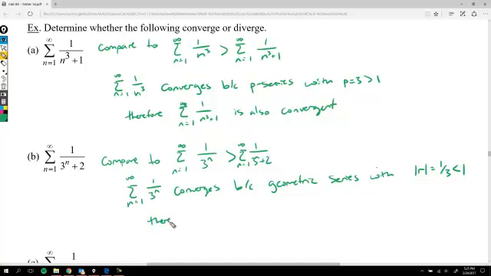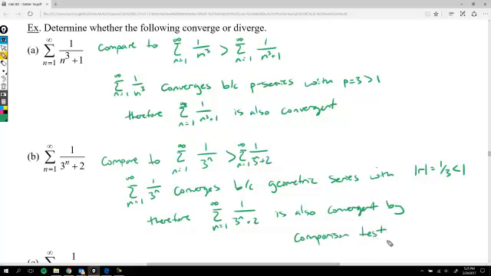So therefore, I can say that my given series, 1 over 3 to the n plus 2, is also convergent. And you could say by the comparison test if you wanted to be thorough, by the comparison test.